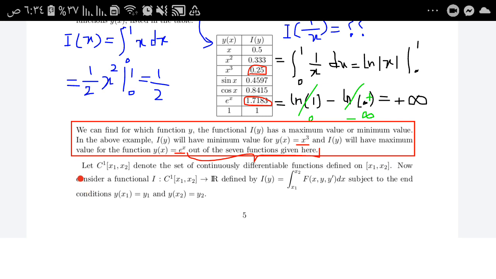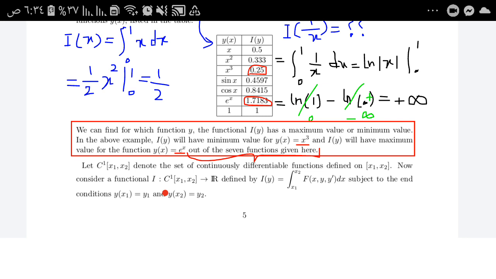Now, consider a functional I from C1 to R, defined by I(y) equal to the integral from x1 to x2 of f(x, y, y prime) dx, subject to the end conditions y(x1) equal to y1 and y(x2) equal to y2.